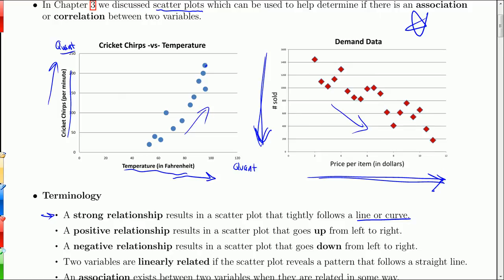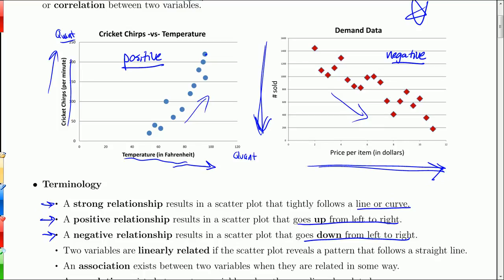A positive relationship results in a scatter plot that goes up from left to right. So this cricket chirps versus temperature is a positive relationship. A negative relationship is one that goes down from left to right. So this demand data has a negative relationship between price and demand.